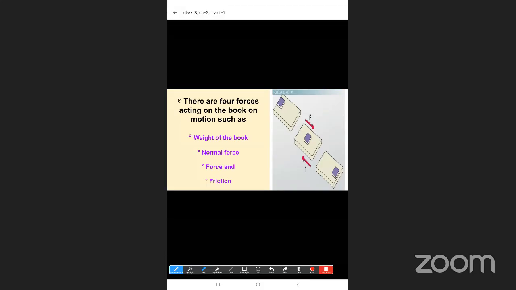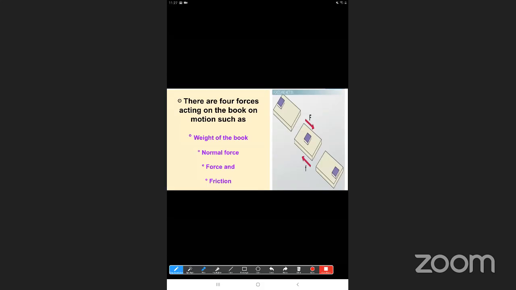There are 4 forces acting on the book in motion: the weight of the book, normal force, applied force and friction. All these forces are acting on this book.